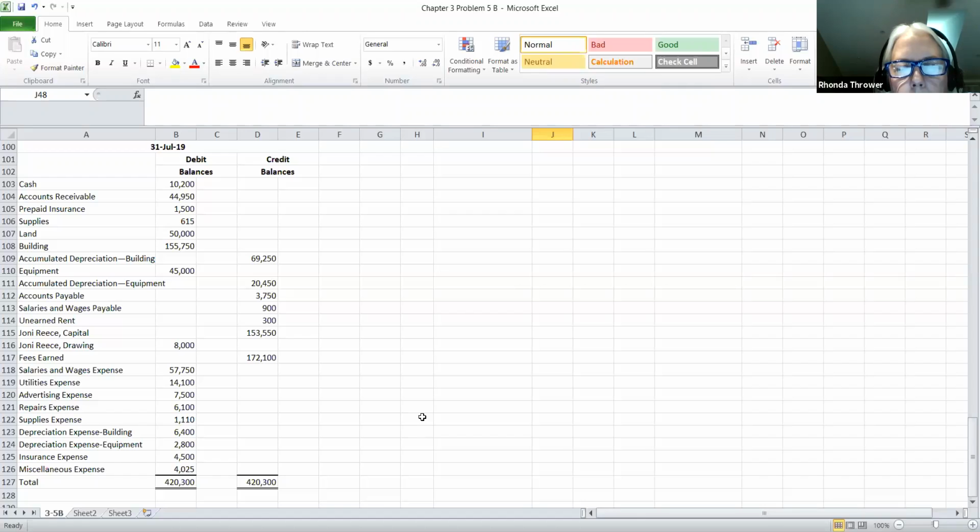And then we copy from the journal to the ledger to update our ledger account balances. The ending balances in our ledger are copied to this adjusted trial balance. And the next step in the process we're really going to examine in chapter 4 is to prepare financial statements from this adjusted trial balance. We're going to do that in chapter 4.